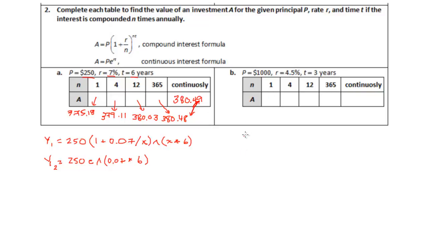So we'll do the same thing over here. Again, y1 will equal 1,000 this time, times 1 plus r. Here r is 0.045. Be sure you change to a decimal.